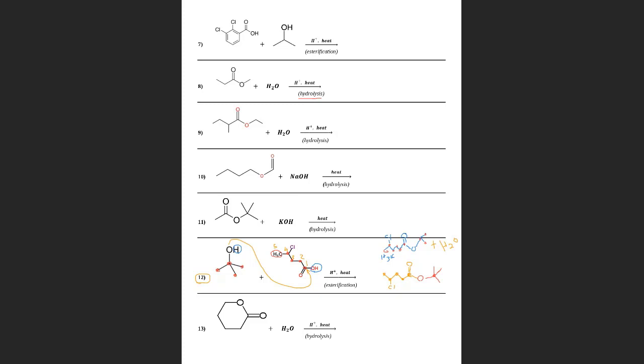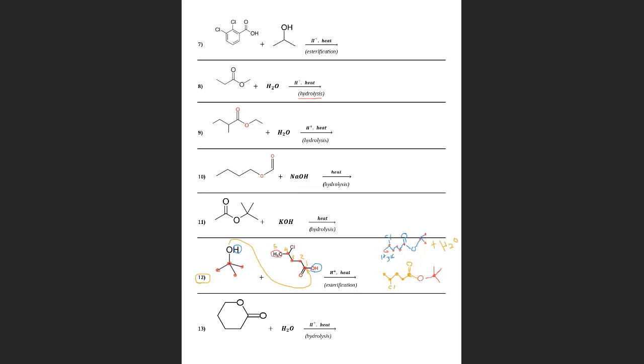I'm going to be splitting the ester, and you can think of it a couple different ways, but remember how we took off the OH and the H of the OH of the carboxylic acid and the hydrogen of the alcohol?